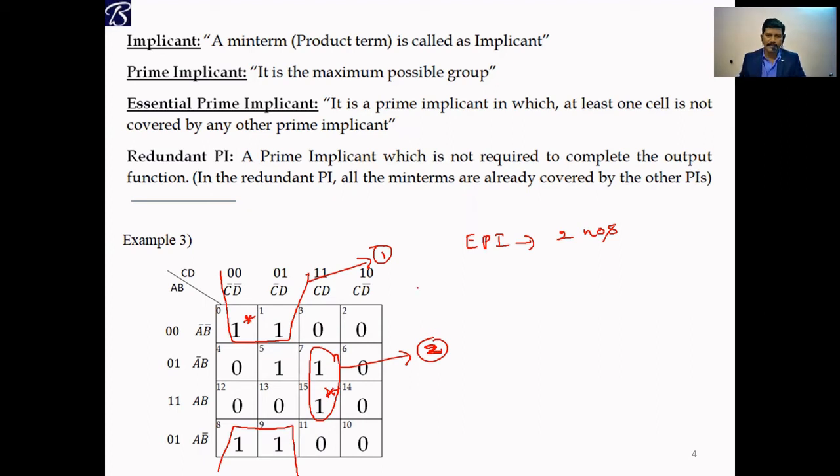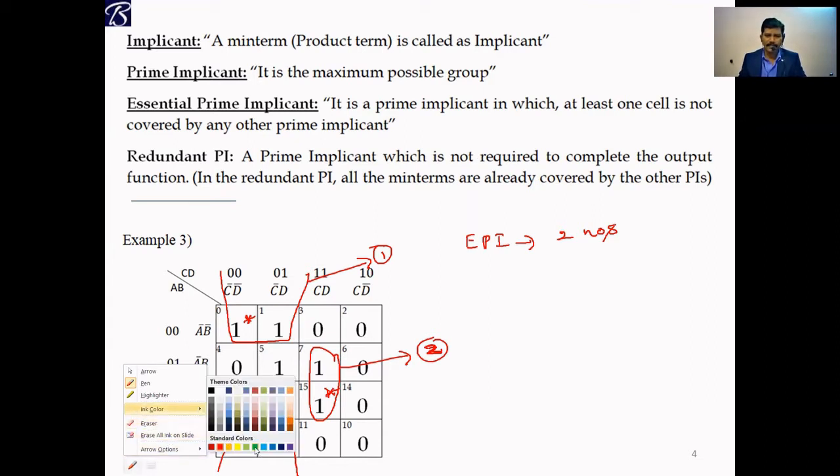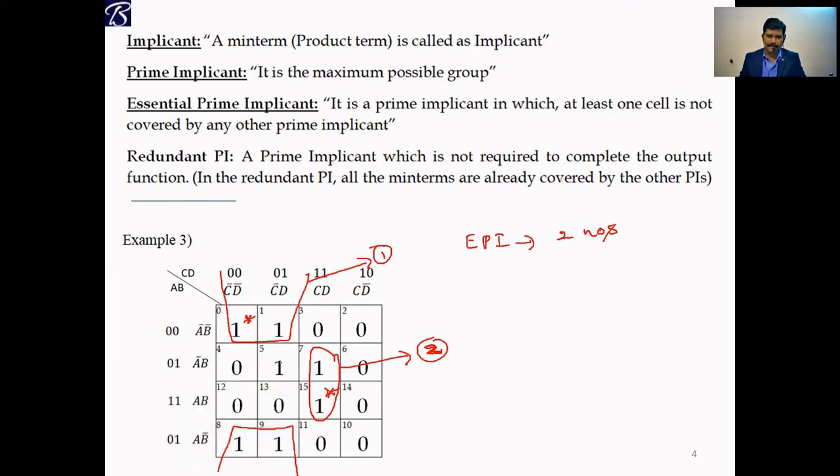And here let me tell you the meaning of non-essential prime implicant also. The meaning of non-essential prime implicant. So observe this K map.